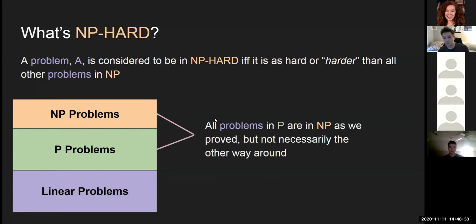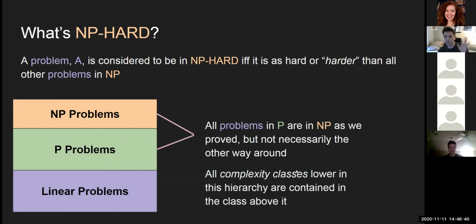We can think of it as all the complexity classes that are lower in our hierarchy being contained by the ones above. So all linear problems, all things in L, are also in P, and all problems in P are in NP. This is a paradigm of how to think about this.